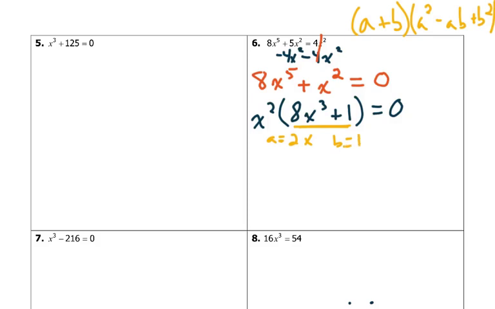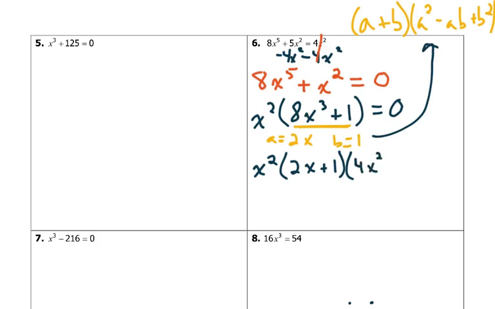Rewriting this out, we have 2x plus 1, parentheses, a squared is 4x squared, minus 2x plus 1.